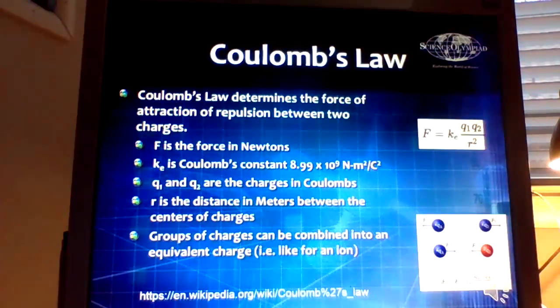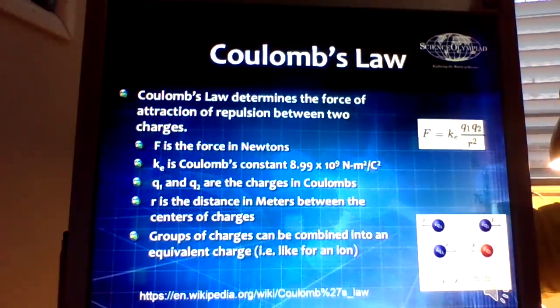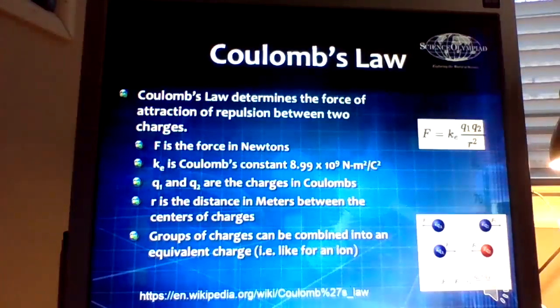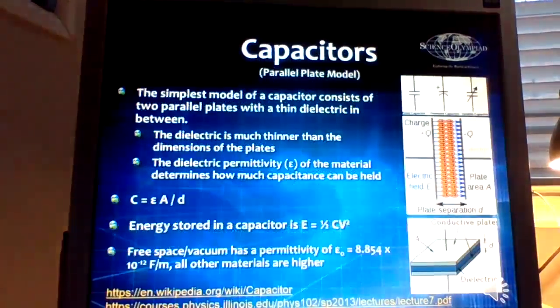I get 2.3 times 10 to the minus 22 newtons. Does that sound about right to everybody? 2.3 times 10 to the minus 22 newtons. So a very, very small amount of repulsion.